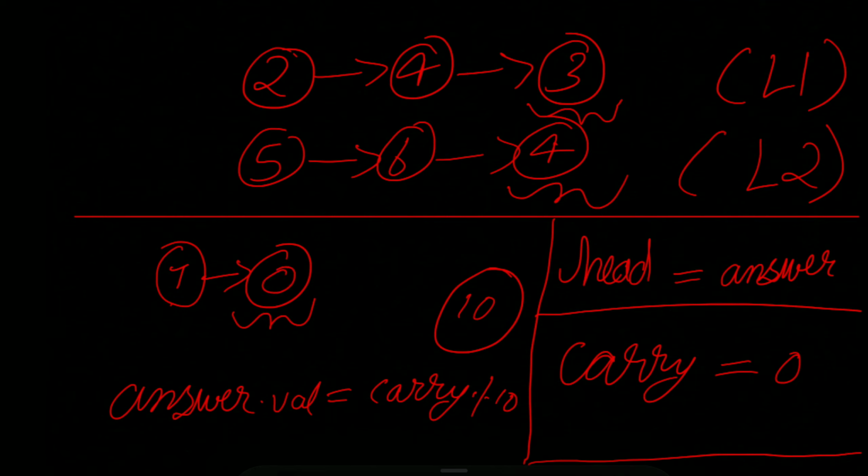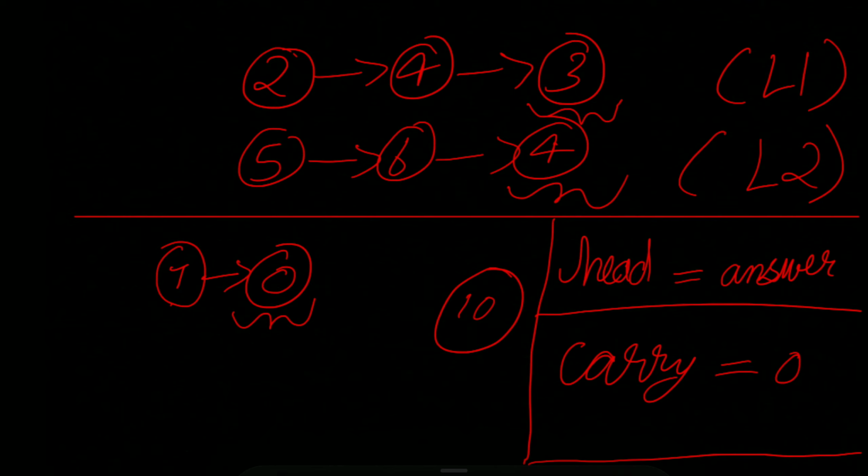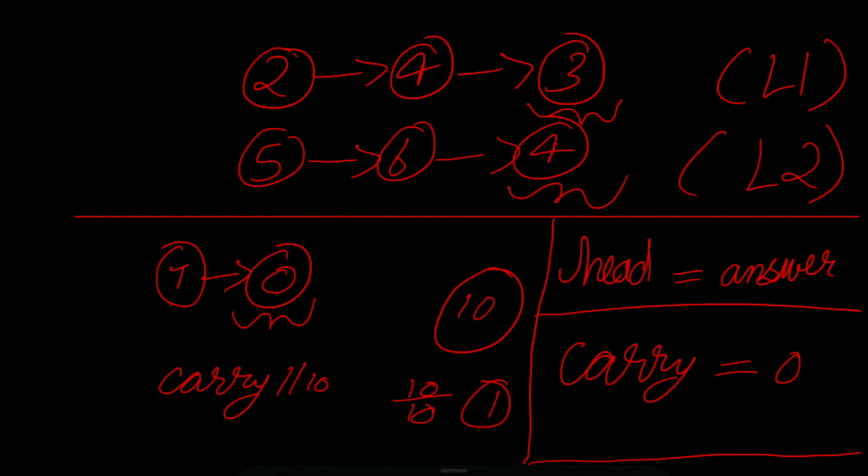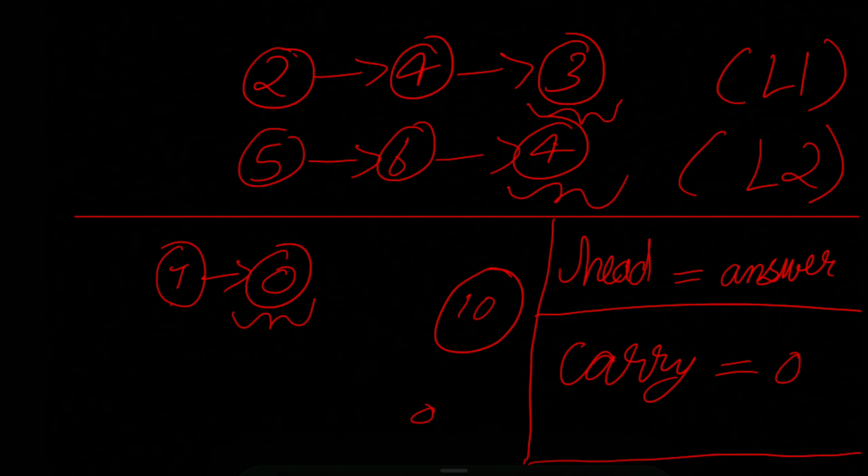Now what is the carryover? You have to find the carryover. Carryover equals carry floor division with 10. The answer will be 1. So now the carryover value gets updated to 1. From 10 it gets updated to 1.